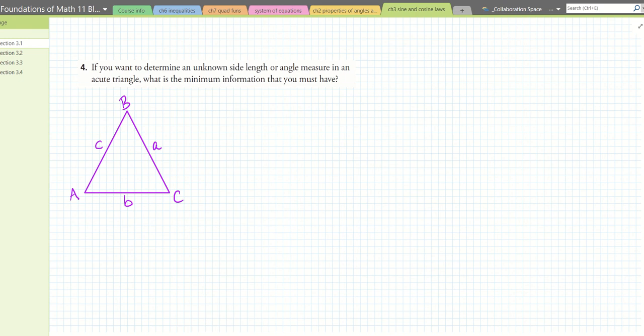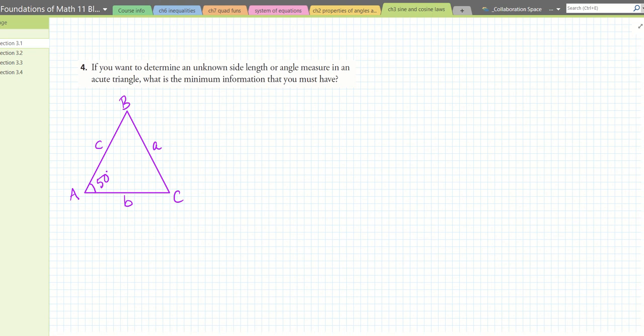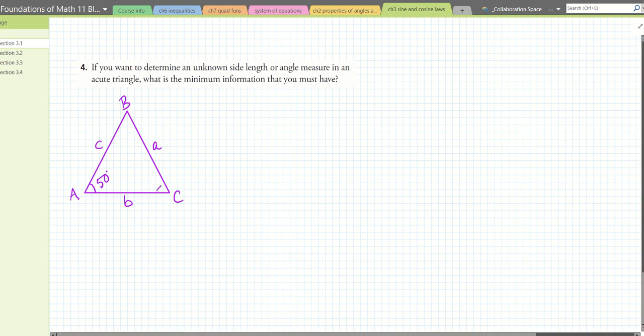Anyway, let's say you know angle A, so that's given, let's say 50 degrees. And you want to find angle C. This is the unknown that you're trying to find.